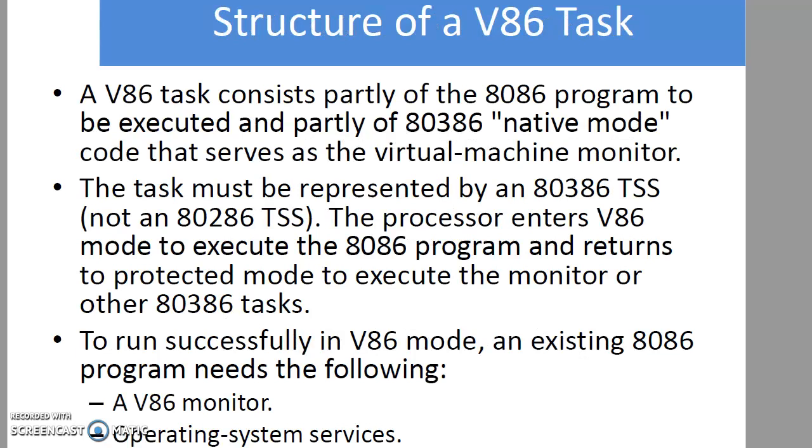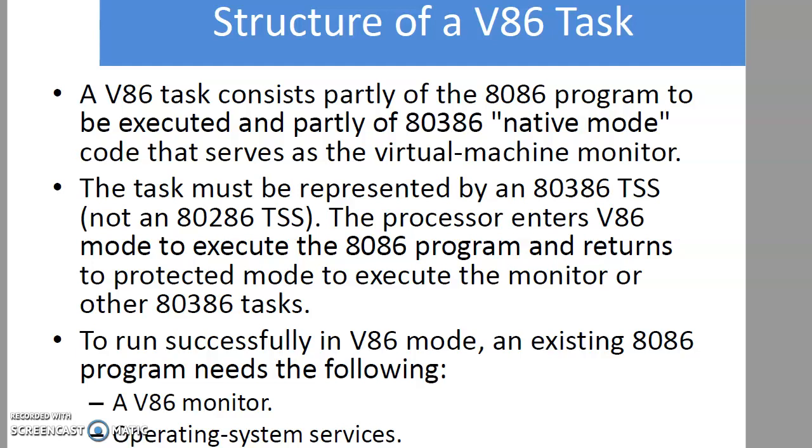The next concept in virtual 86 mode is the structure of a v86 task. What is the structure of a v86 task? A v86 task consists partly of the 8086 program to be executed and partly of the 80386 native mode code that serves as a virtual machine monitor.